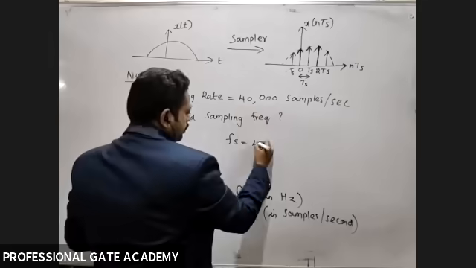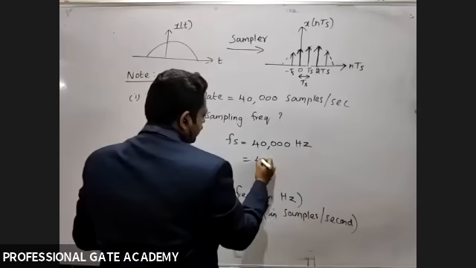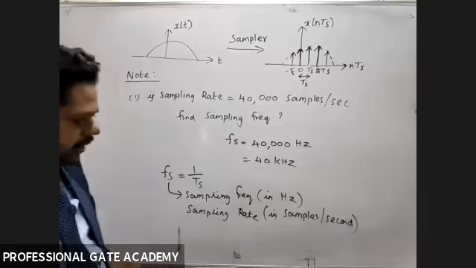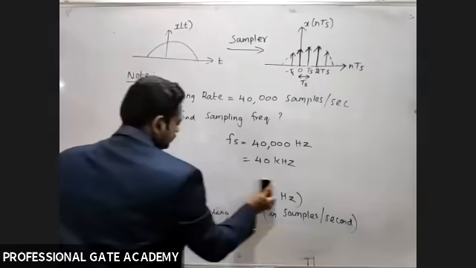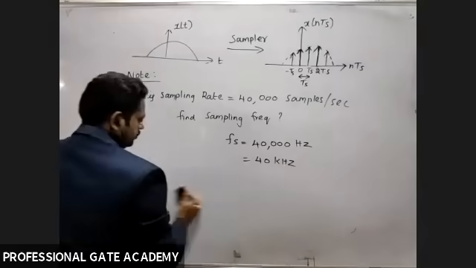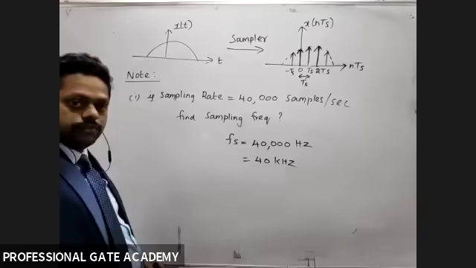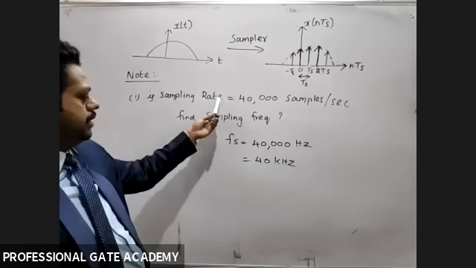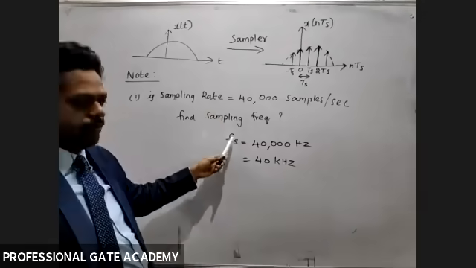Same: 40,000 hertz, or we can say 40 kilohertz. Answer: 40 kilohertz. Only for the sampling period do we have to take the reciprocal. Sampling frequency and sampling rate are both the same.